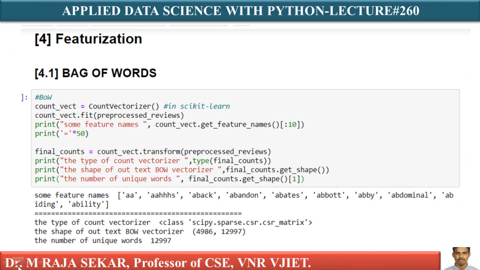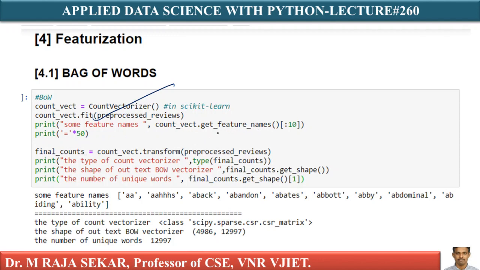This is my bag of words representation of our review. This count_vector I already discussed. This one fit I already discussed. Of course, we have pre-processed reviews. As I told you, what is the use of this fit method? This method learns a vocabulary dictionary of all tokens in the processed reviews. Then what am I doing?